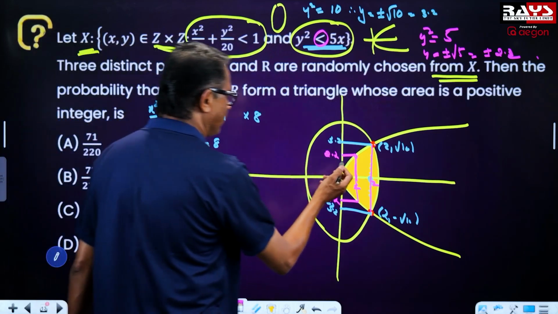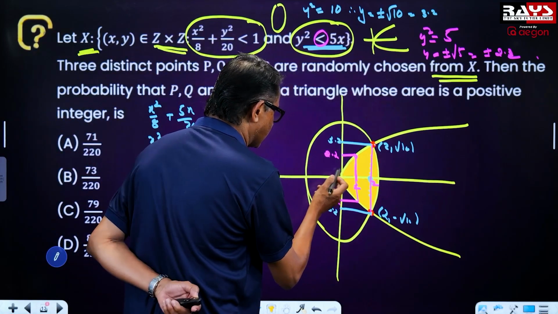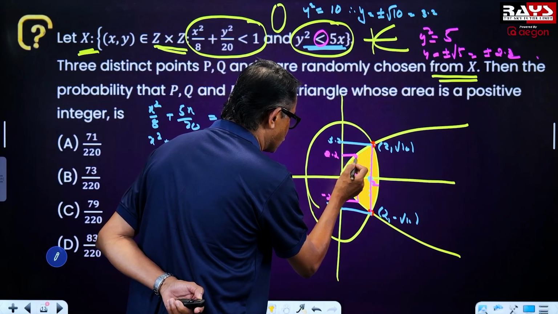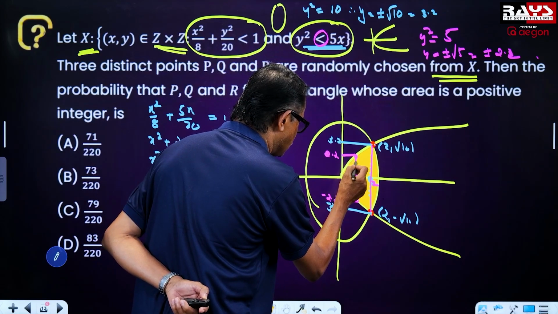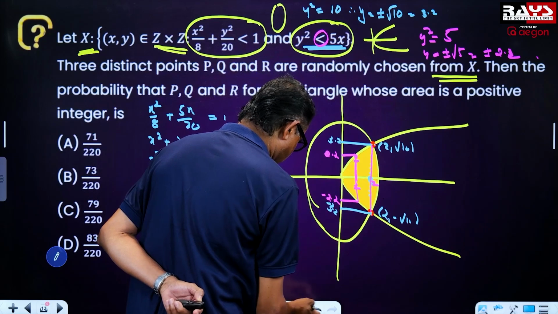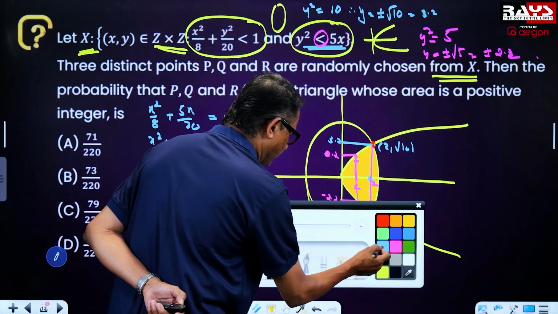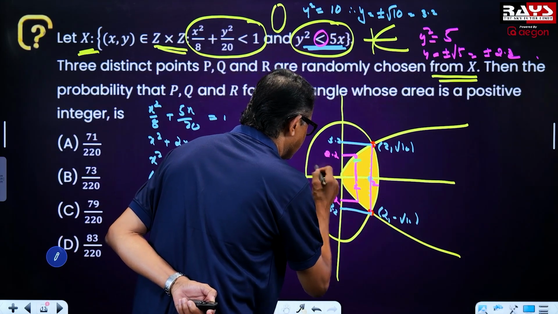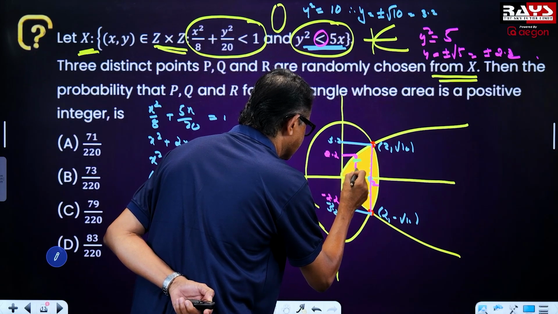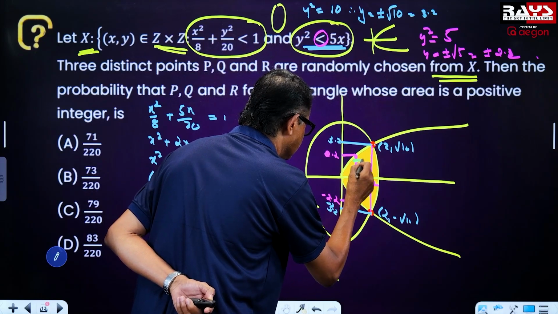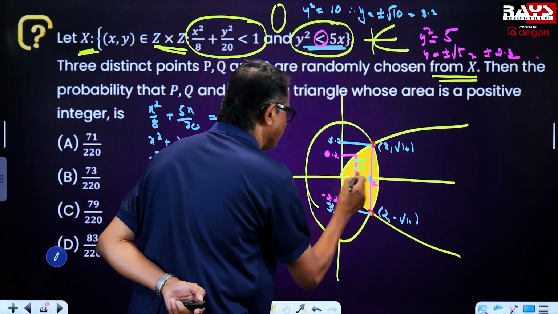So the area should be a positive integer. Here this is 2.2, so we just consider 2 will be somewhere over here. This is 2 and this is 1.